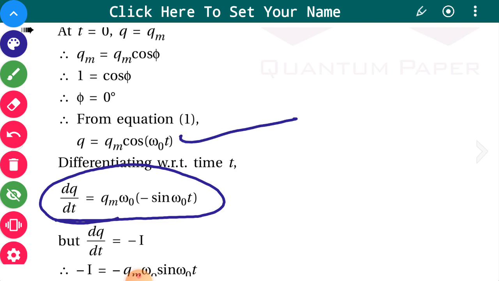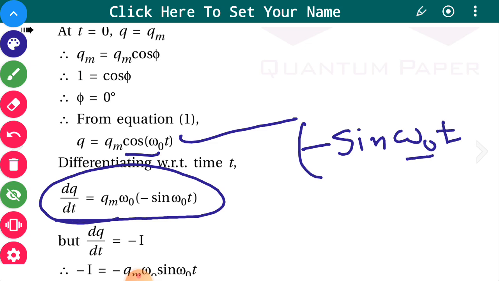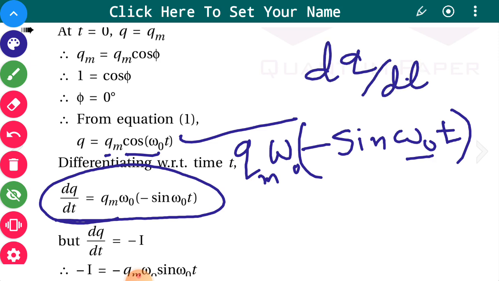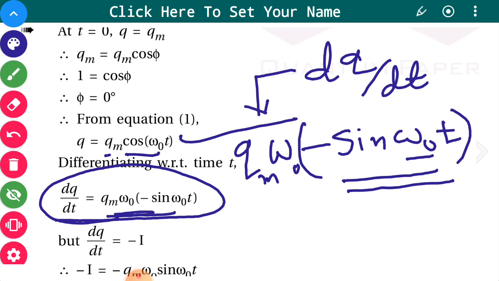The differentiation of cos omega 0 t is minus sin omega 0 t, and since t is multiplied by omega 0, we multiply by omega 0, and qm remains as it is. So dq by dt we are getting as qm omega 0 minus sin omega 0 t.